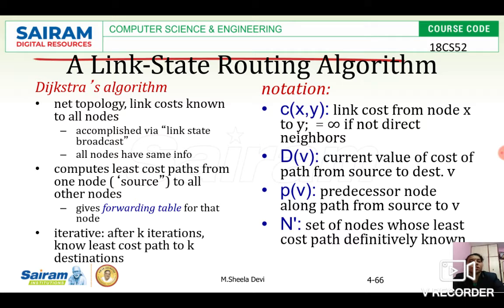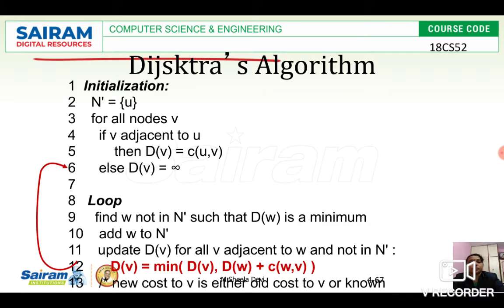N' is the set of nodes whose least cost path is definitely known. So the nodes for which we have calculated the least cost path will come into the set called N'.